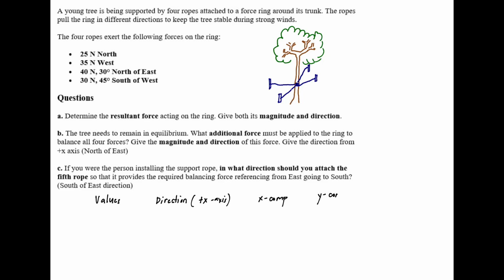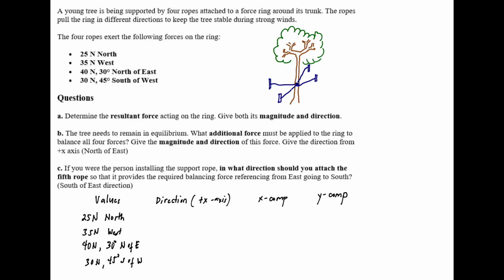So we're gonna fill this table. First, we need to write the values. And so first we have 25 Newton north, followed by 35 Newton west, and then 40 Newton 30 degree north of east, and then 30 Newton 45 degree south of west.